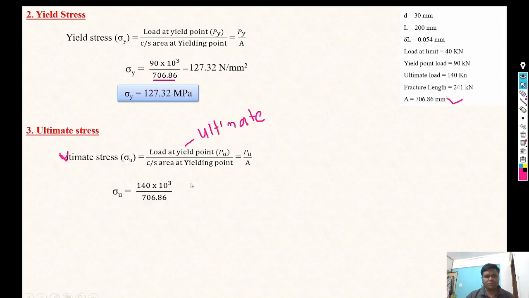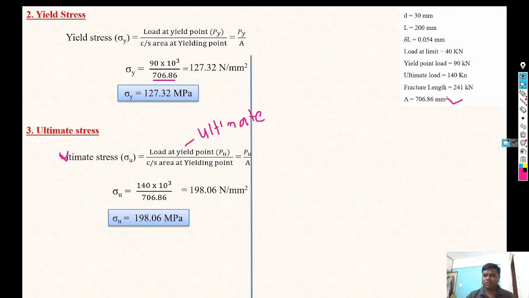Just put all these loads. Correct, 140 into 10 to the power 3, convert it in newton. 198.06 newton per mm square, and that is 198.06 megapascal.